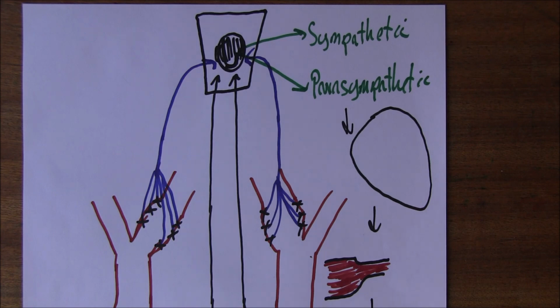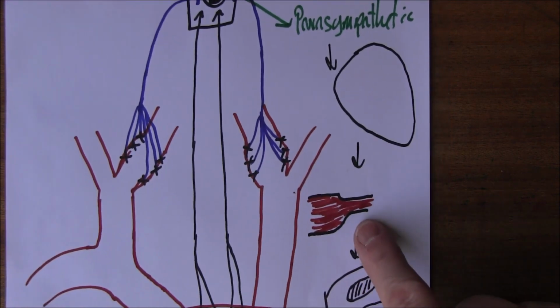So if there's a change in posture, if you stand up, the blood needs to go uphill to get to the brain. So we need increased sympathetic activity. And we also need the correct distribution of blood around the body. And that's exactly what this vasomotor tone can achieve.